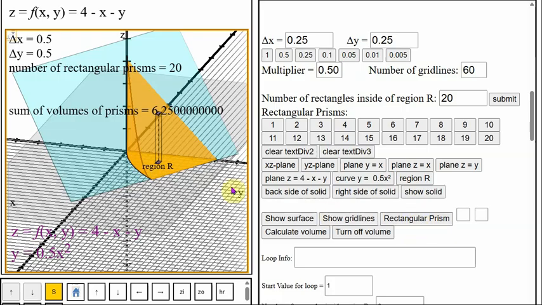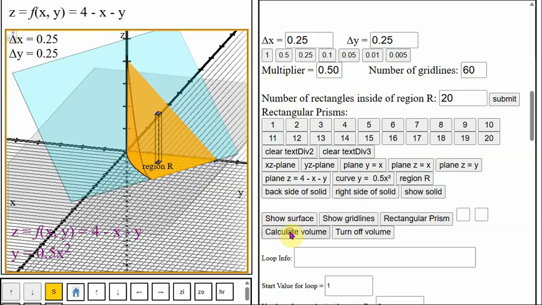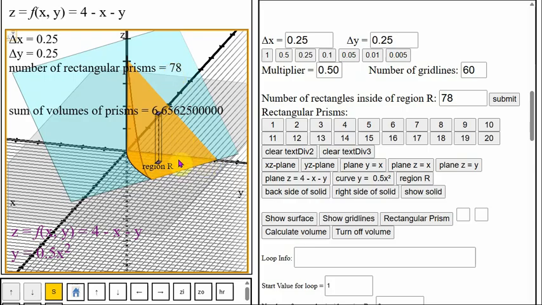And then now we have many rectangles inside of region R, and I'm going to calculate the volume. And there are 78 rectangles inside of region R. So we have 78 rectangular prisms, and the sum of the volumes of the prisms is 6.65625.